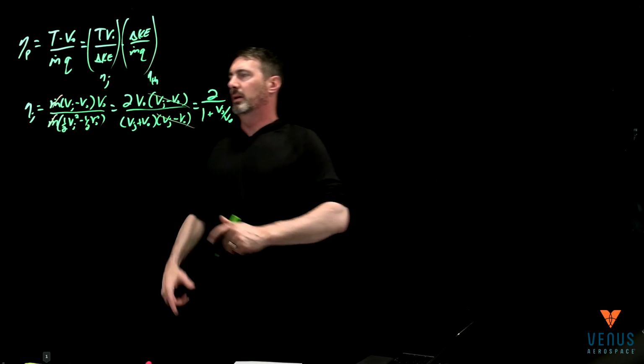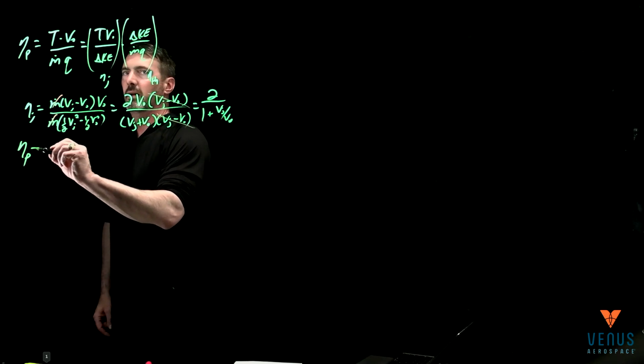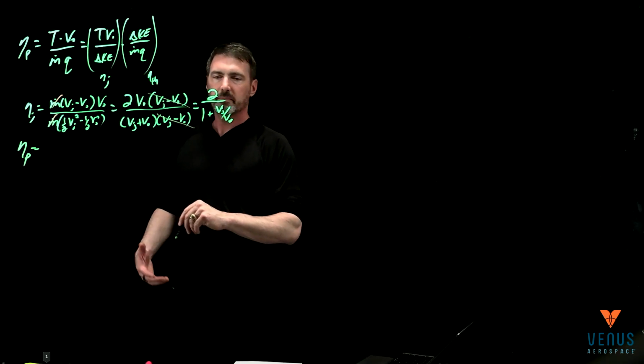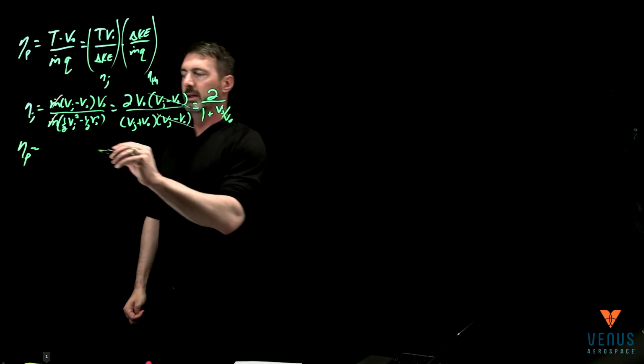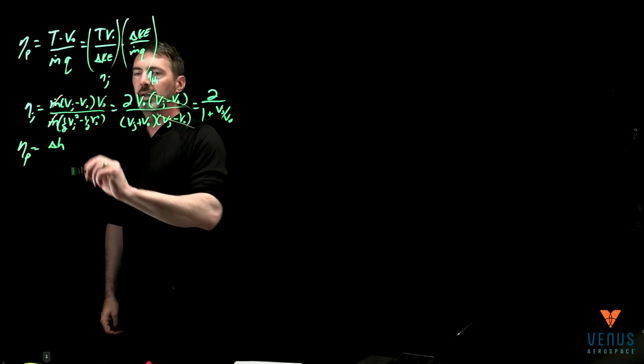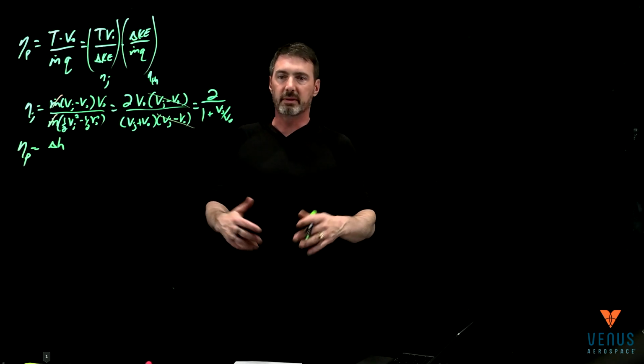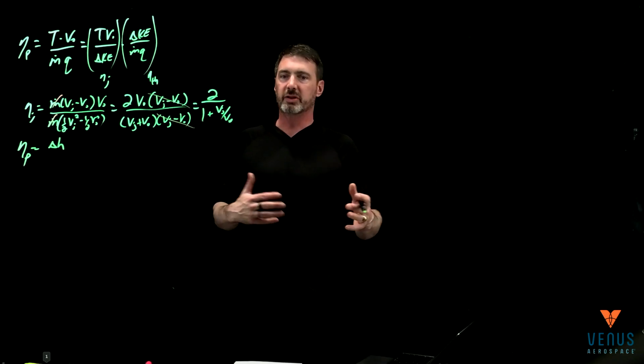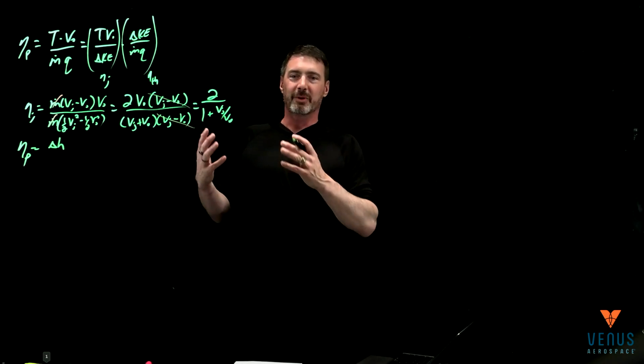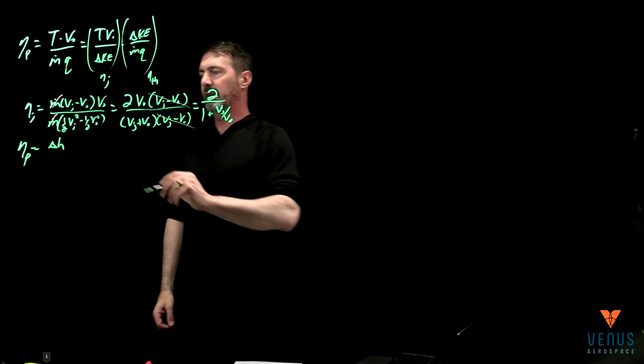Then the propulsion efficiency. We said it's kinetic energy, and that change in kinetic energy is the same as the change in enthalpy. That energy balance is what we're doing: using the change in enthalpy of the states to give us the change in kinetic energy.